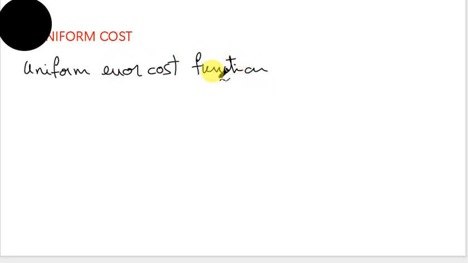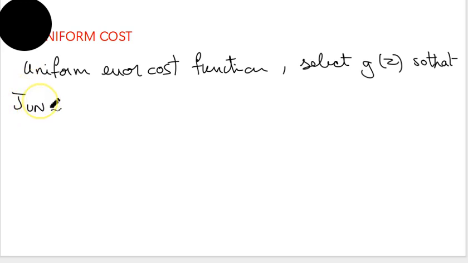Okay, so next we move on to uniform cost. So how do we go about obtaining the optimal estimate of x in terms of z for the uniform error cost function? So we are considering the uniform error cost function. Then we select g of z so that J_UN is minimized.